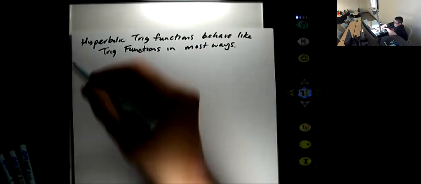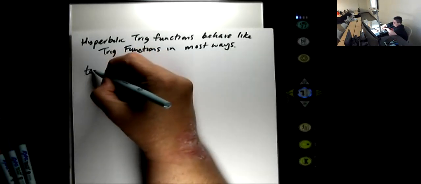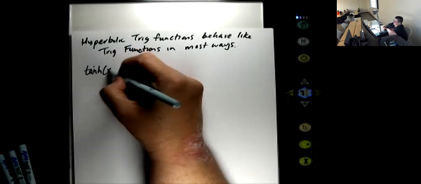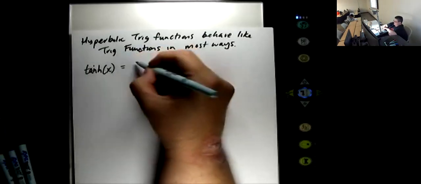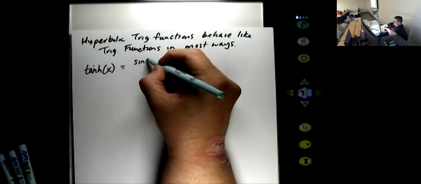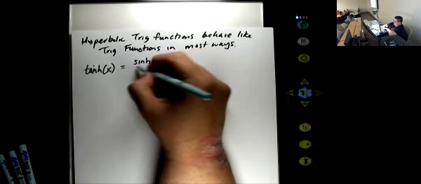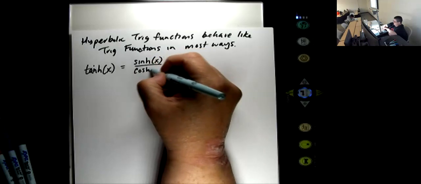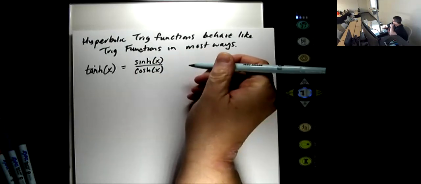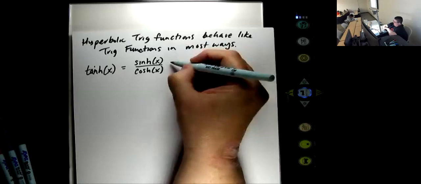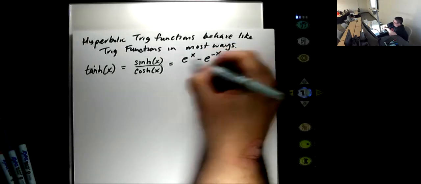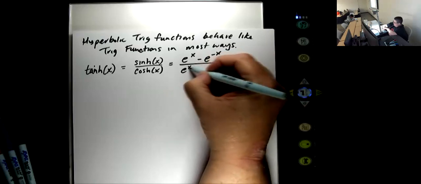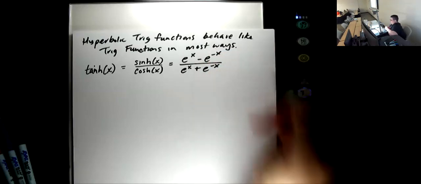We can do hyperbolic tangent, or tanh. Just like the regular tangent, it's sine over cosine, in this case hyperbolic sine over hyperbolic cosine. And when you clean it up, it's e to the x minus e to the negative x over e to the x plus e to the negative x.